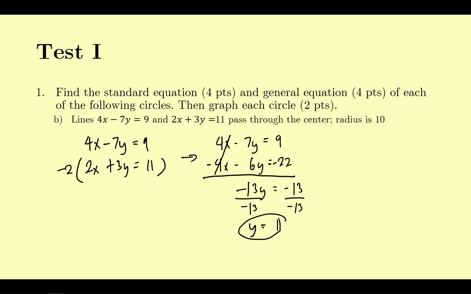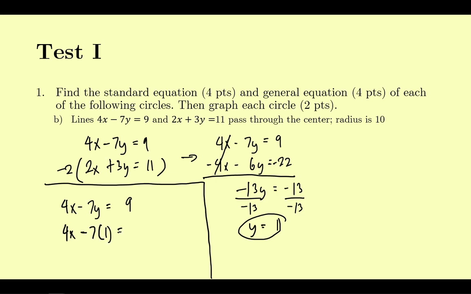Using this value of y, we can substitute that to one of these equations para isolve si x. Let's say 4x minus 7y is equal to 9. And 4x minus 7 times 1 is equal to 9. That means 4x minus 7 is equal to 9.